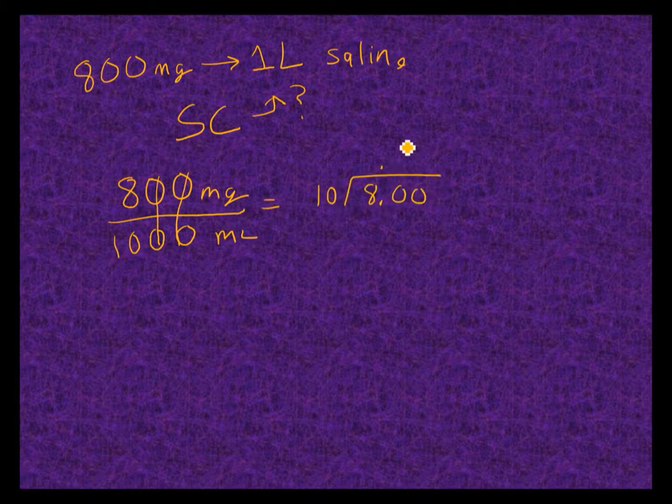10 will go into 8, 80 8 times. That's 80. So the answer is, in that bag of fluid, I have 0.8 milligrams per milliliter. Now, I've told you that there are occasions when this would be easier to do in mics.